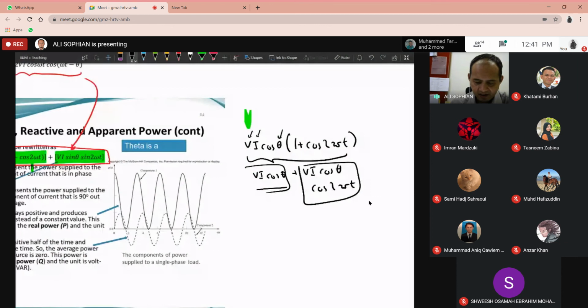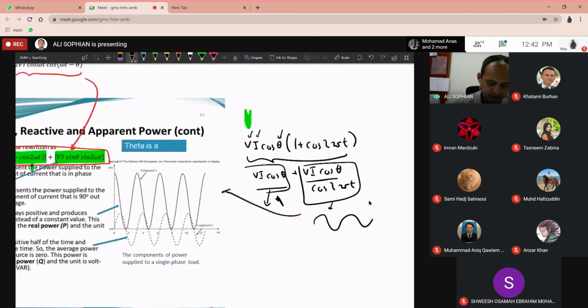Okay, VI cos theta is a constant, while this other part will be a cosine wave. So a cosine wave plus a constant, and the magnitude of the cosine wave is the same as this value. Both are VI cos theta. So this is actually a cosine function that has a bias. It's been shifted up by VI cos theta, and if you plot it, you will have what is drawn in this solid line here.